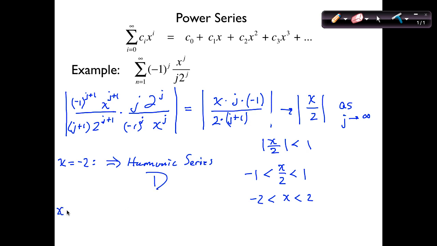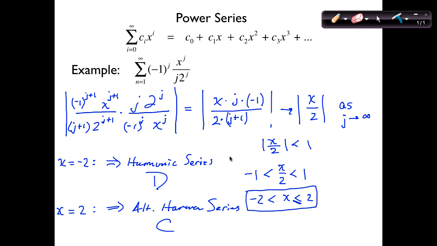When x equals 2, you get the alternating harmonic series. Figure that out later. And what about that? Converge. Therefore, what's the whole width of the interval? 4. Radius of convergence? 2.